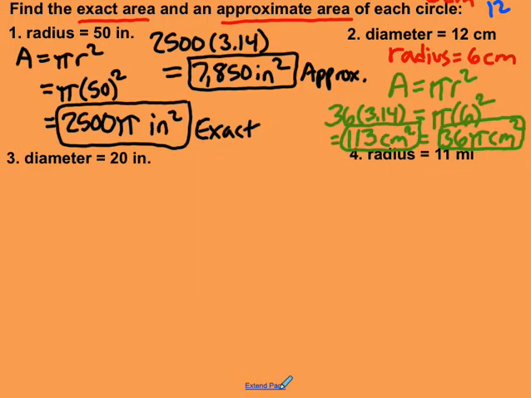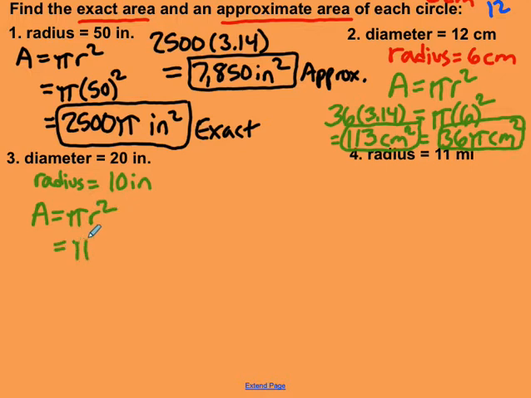Let's look at some more examples. Number 3, again, they give us a diameter of 20 inches. We need to use a radius. So think about what that would mean. Well, if all the way across is 20, we need half of that. The radius is going to be 10 inches. Here's our formula, area equals pi r squared.